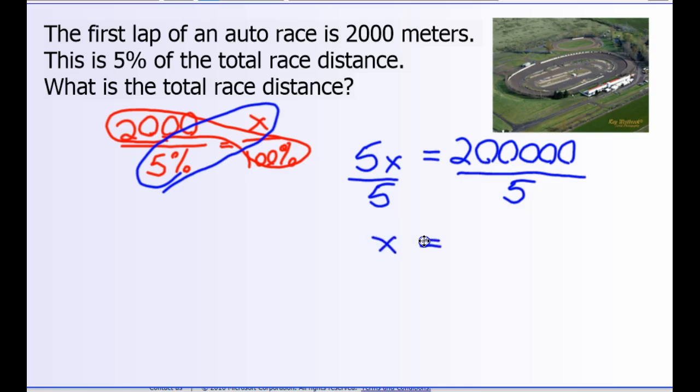So x equals 200,000 divided by 5, which is 40,000. So the total race is 40,000 meters long. That's a long race.